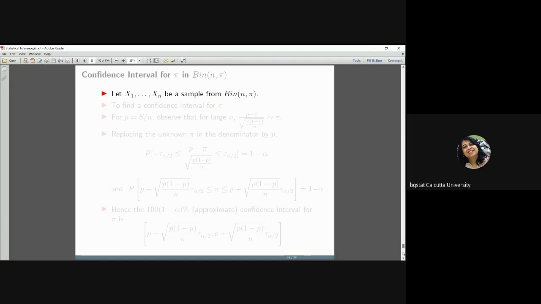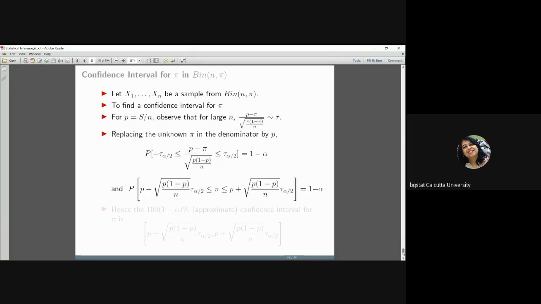To find the confidence interval for pi, we can also use the large sample formula. Here we will use the fact that for any value of pi, this quantity p minus pi, where p is the sample proportion of successes and pi is my unknown probability of a success. I use the fact that if n is large enough, then this quantity p minus pi divided by root over p 1 minus p by n follows a standard normal distribution.